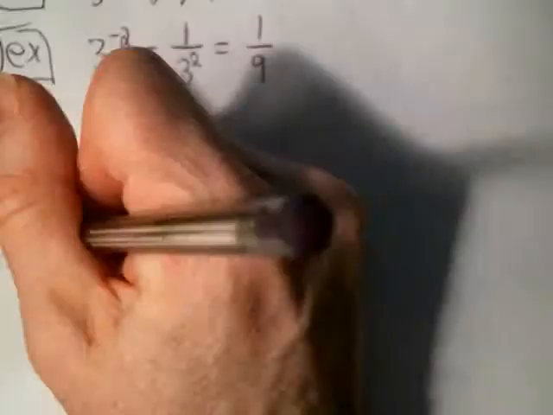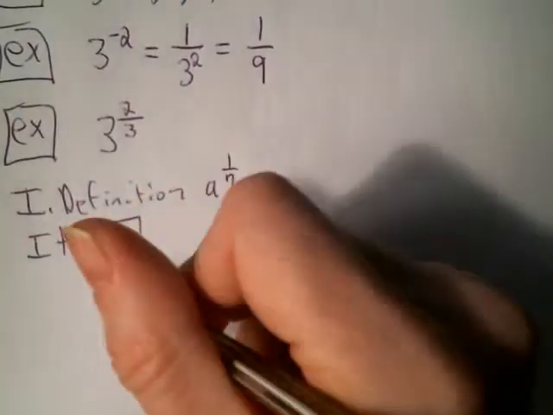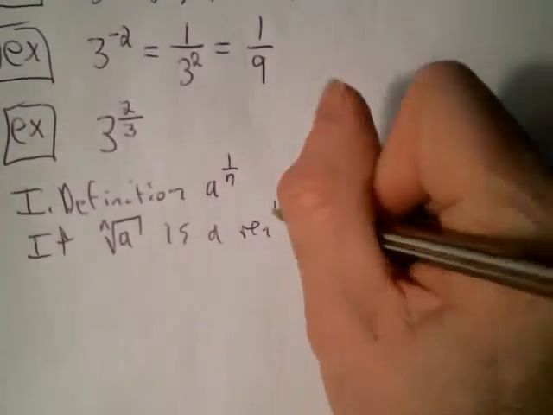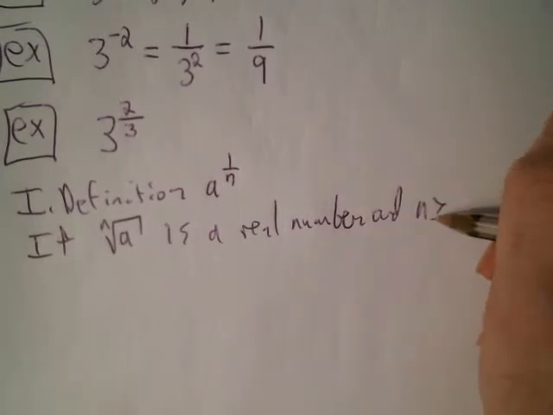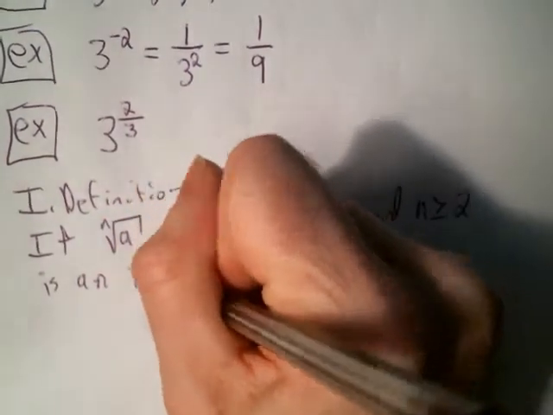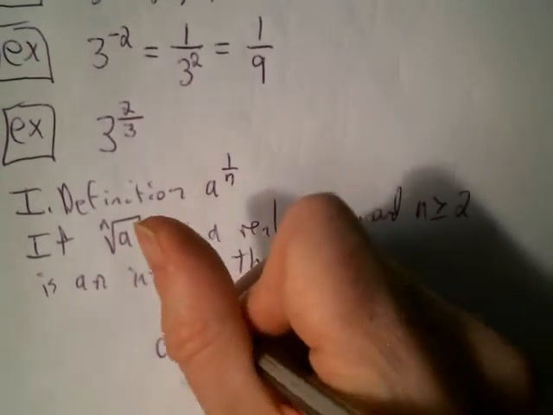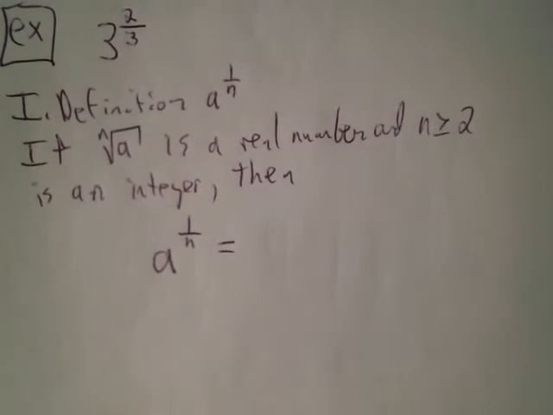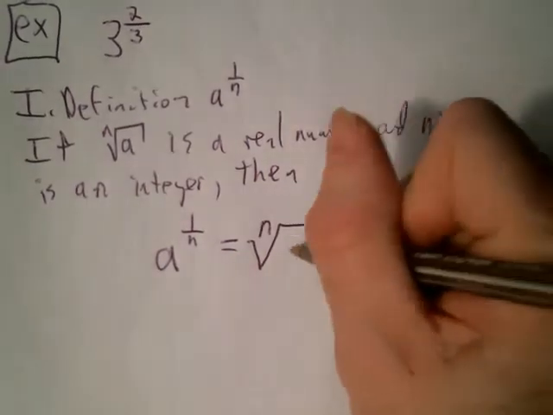Okay, so if the nth root of a is a real number, and n is greater than or equal to 2, an integer, then we can rewrite a to the 1 all over n using roots. So that's why we're throwing this in your lap right now. We can rewrite it as the nth root of a.